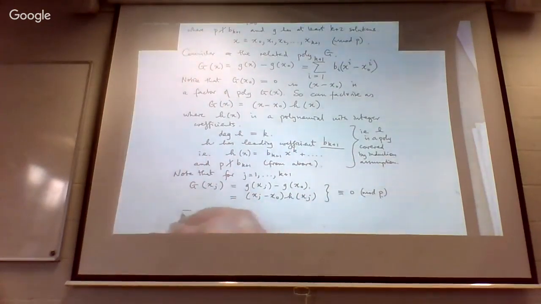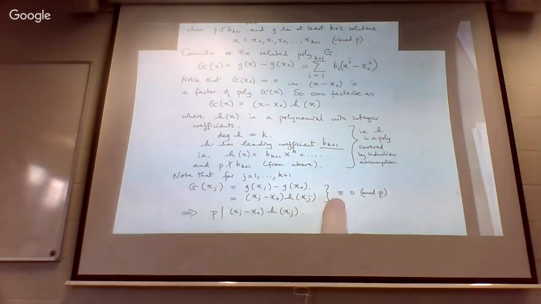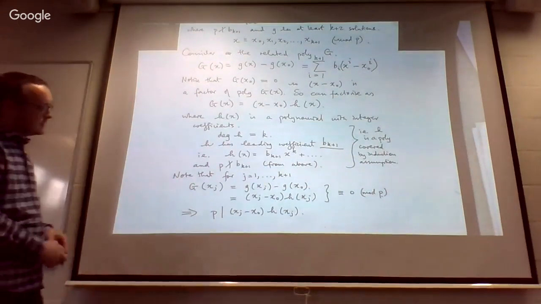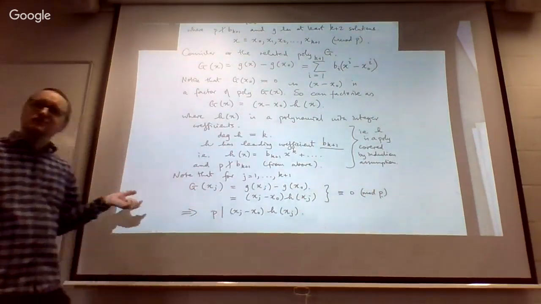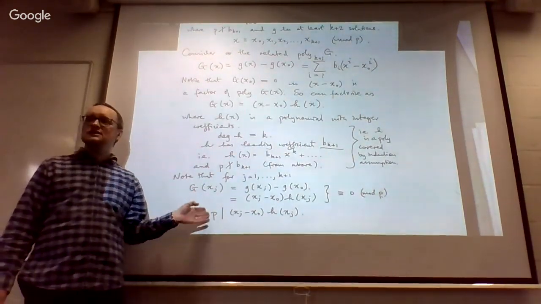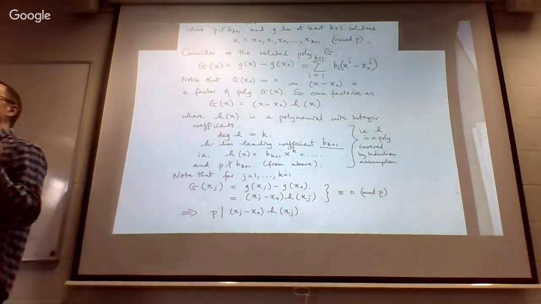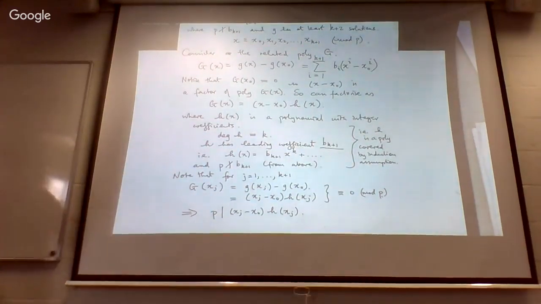So that implies, if you look at the definition of congruence, that p divides x_j minus x_0 times h of x_j. That's what being congruent to 0 mod p means. Again, what are you thinking when you see a statement that p divides a product of two numbers? That must immediately trigger something in your minds.